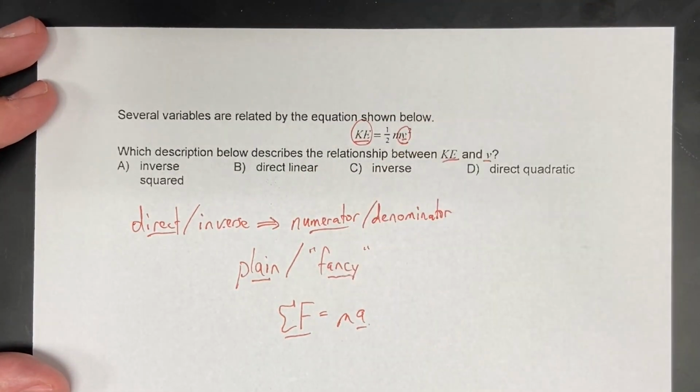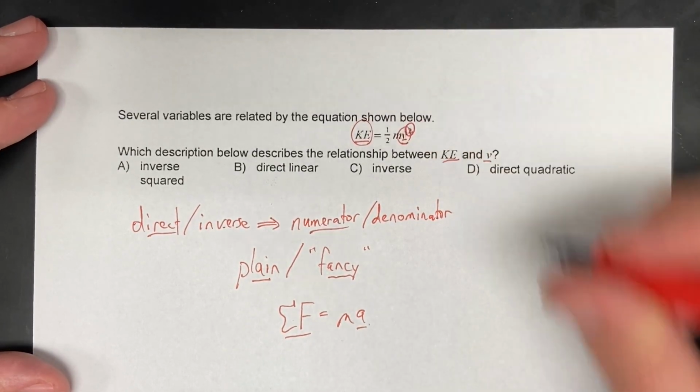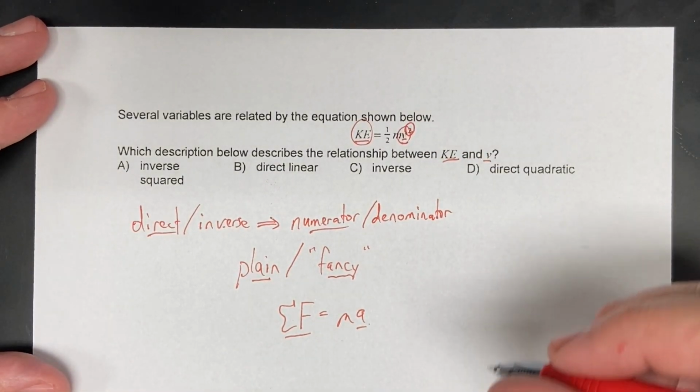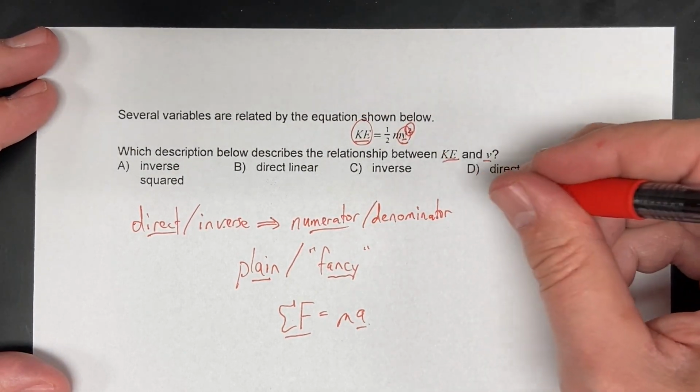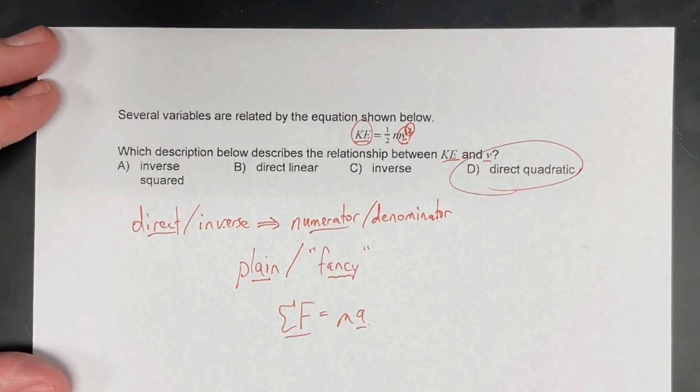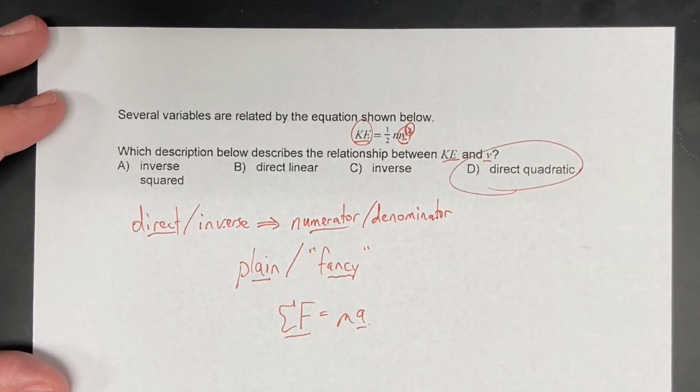Fancy, what is fancy? Anything that isn't plain. So for example, having v squared, that's not linear. In fact, v squared would be getting us a direct quadratic. All right, so direct versus inverse, linear versus nonlinear. We can find those just by looking at the equation.